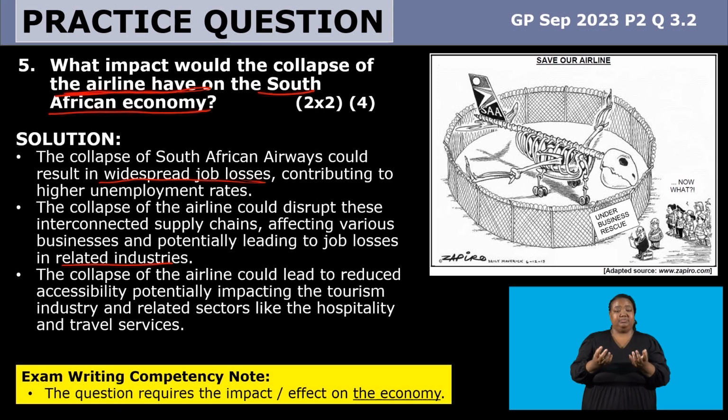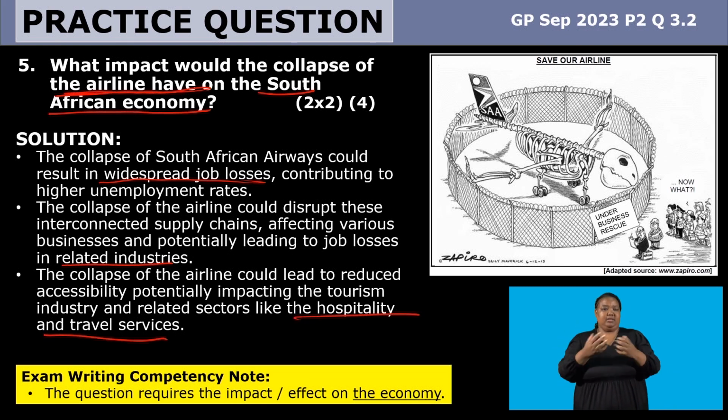And lastly, the collapse of the airline could lead to reduced accessibility, potentially impacting the tourism industry and related sectors like the hospitality and travel services. So traveling will also be negatively impacted, and it will also have a negative bearing on the tourism industry.